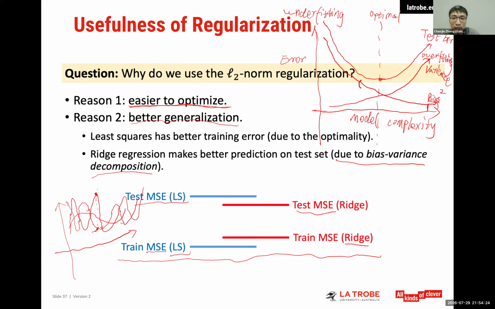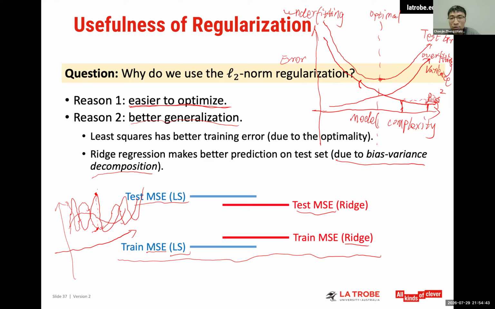So we slightly increase the bias. That means we decrease the model complexity. Maybe let's just stop here. We can see the difference is just not that much.